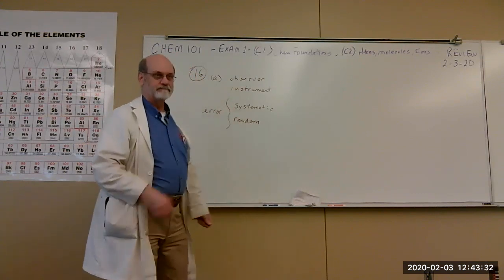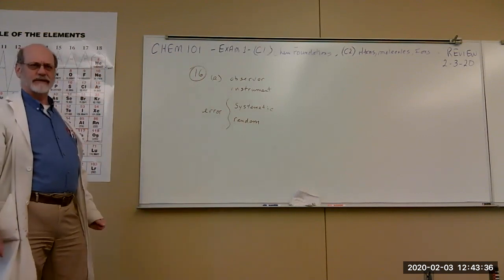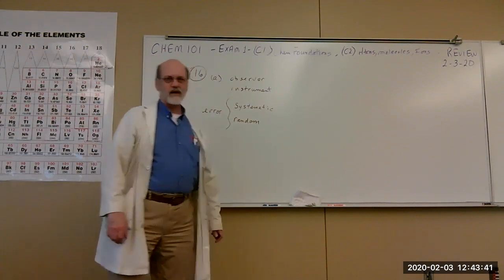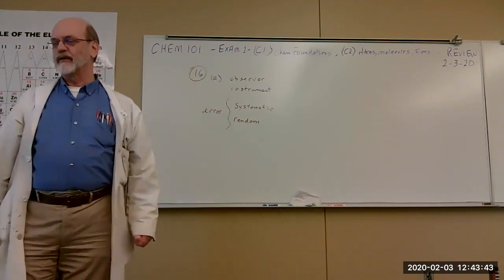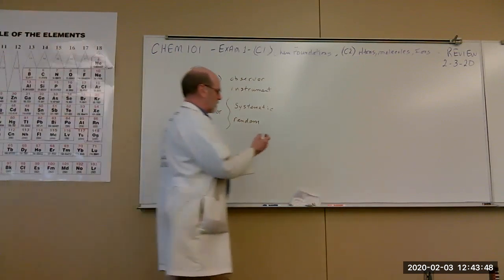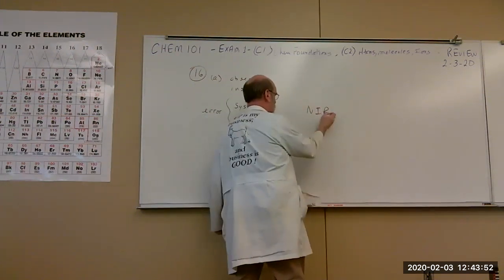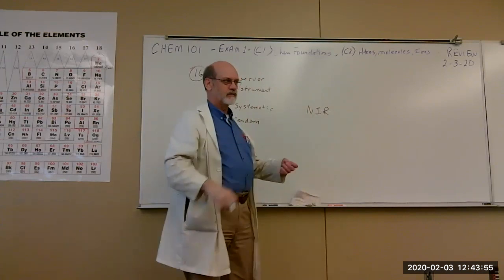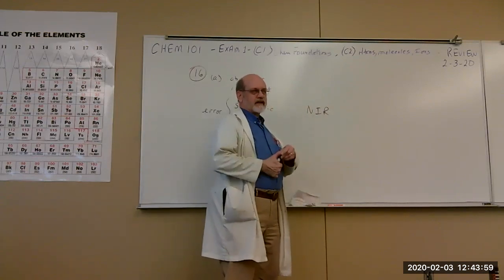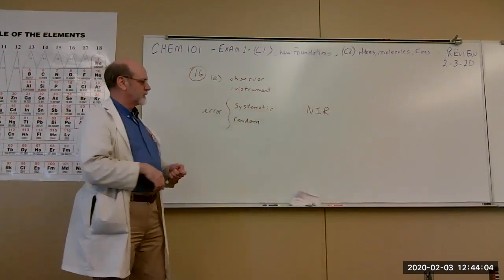Because an observer can be biased. Usually are, yeah. And then your instrument, a lot of instruments now are like black boxes. You really don't know what's going on inside. The worst offender is NIR, an analytical instrument. It means near infrared. It takes an infrared spectrum of your sample, usually a reflectance sample.